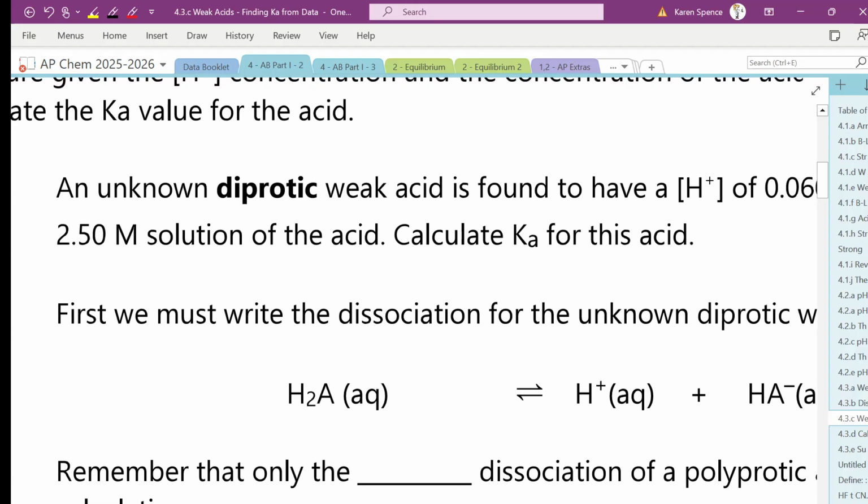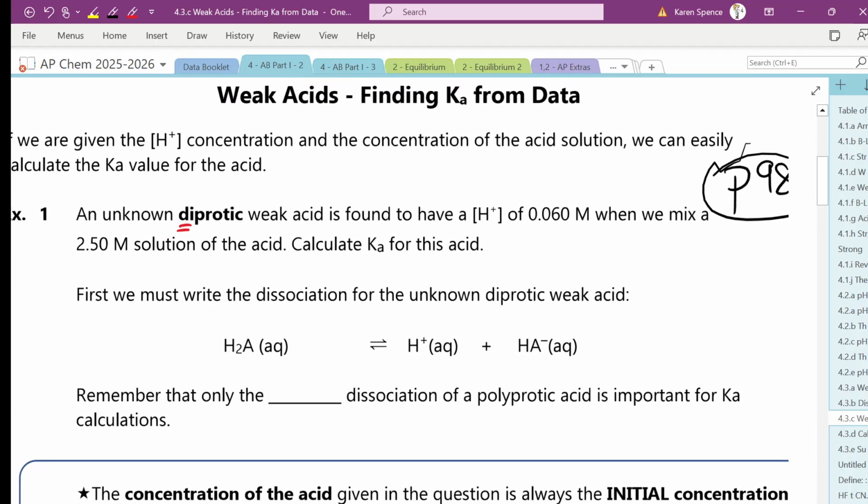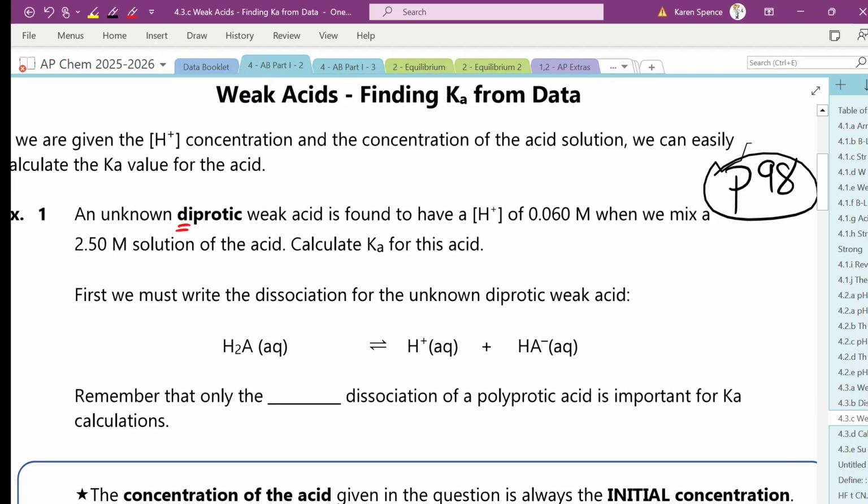An unknown weak diprotic acid is found to have an H plus concentration of 0.60 molar when we mix a 2.50 molar solution of the acid. Calculate Ka for this acid. Remember, only the first dissociation is important in a polyprotic acid.